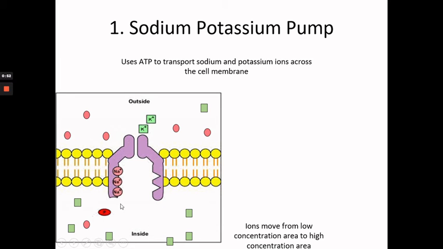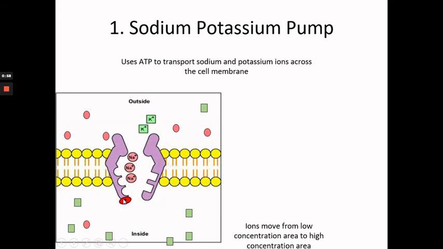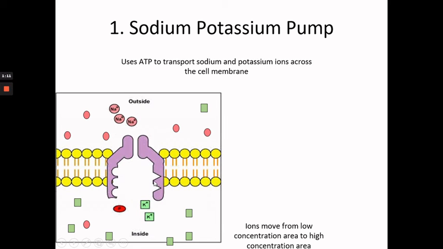So let's watch here. We have 3 ions of sodium going to the protein channel, and the energy from ATP will help to open the protein channel. As it opens, we have 2 potassium ions going inside the carrier protein, and finally moving inside.